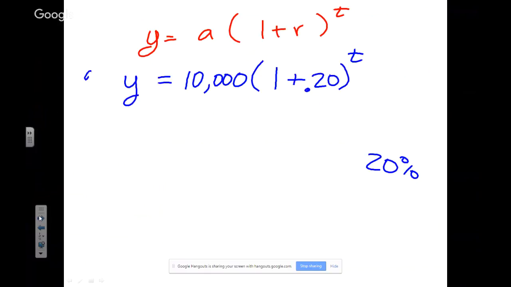So this is our A. They're going to say, what's going to happen in the year 2020? Now we got to be careful here. I'm not going to put 2020 in for my time. I'm going to put in what? Good. So 2012 is when we started.